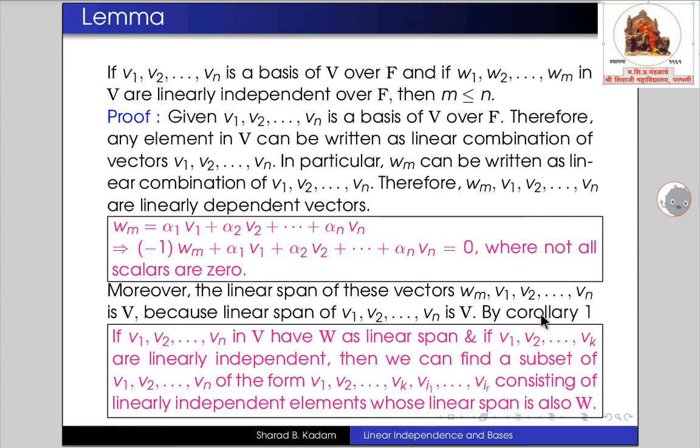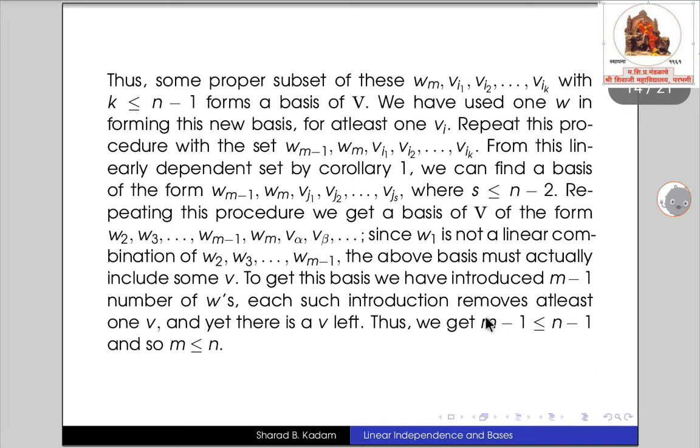Now by corollary 1, we have some proper subset of the given vectors wm, v1, v2, ..., vn.